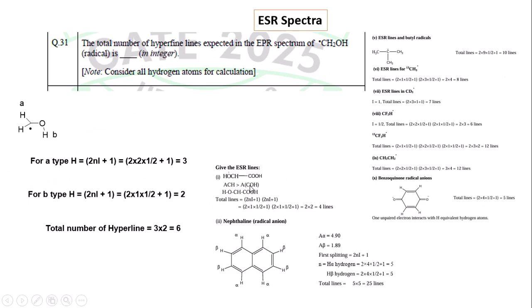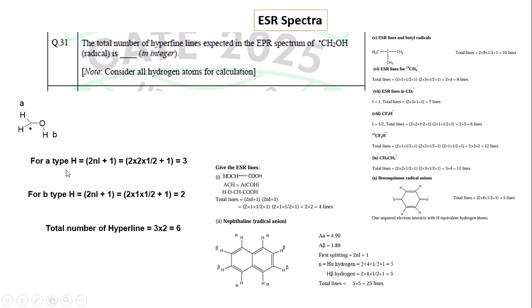Next is the problem of ESR spectra, where spin coupling with protons is considered, where different types of protons are present here. First is the methylene proton, the A type proton, and the hydroxyl proton is the B type proton.